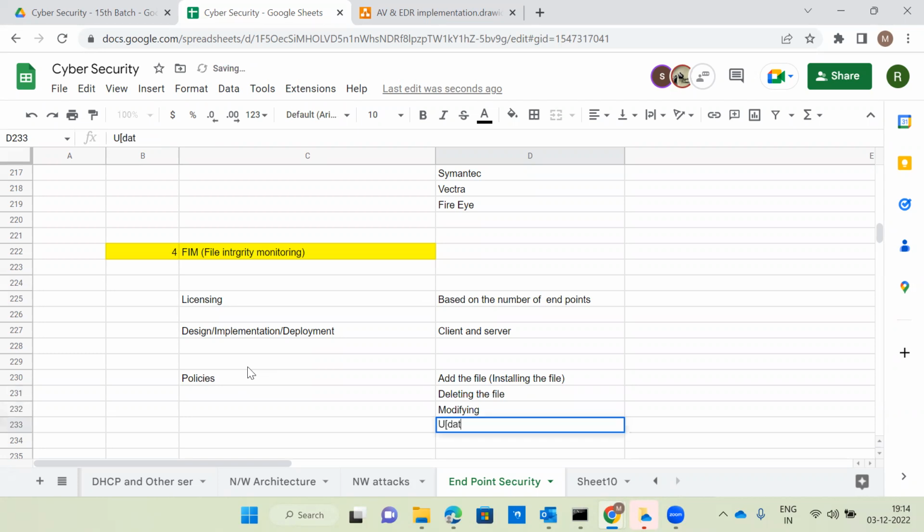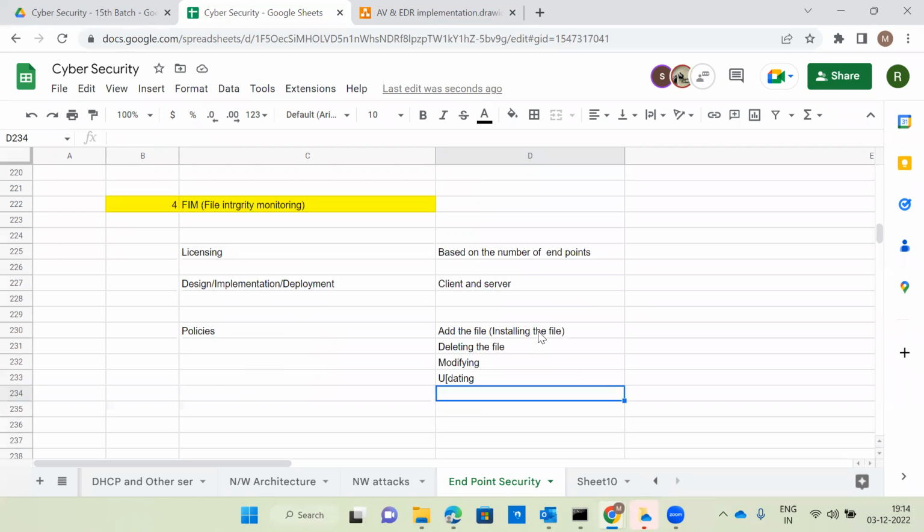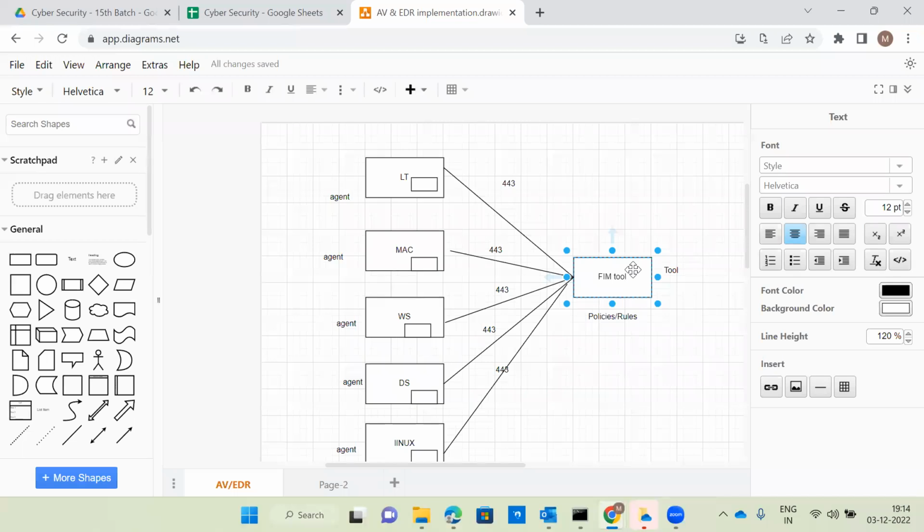Updating and modifying are both the same, I think. So these are the different types of policies we have to configure. Once that is done, the agent will communicate to the respective file integrity monitoring tool, and based on the policies we configure, it will give an alert notification, or allow, or block, and so on. Now we can see who has done what. Traceability we can see.